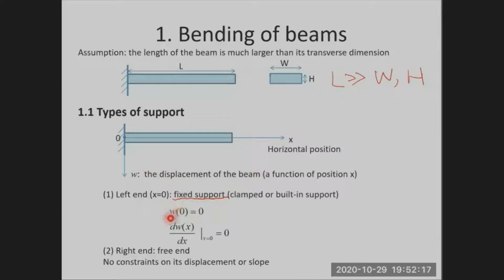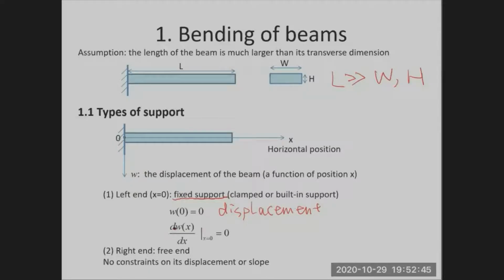So this equation basically tells us that the displacement of the beam at this support, at x equal to 0, is 0. There's no displacement. This is a fixed support.